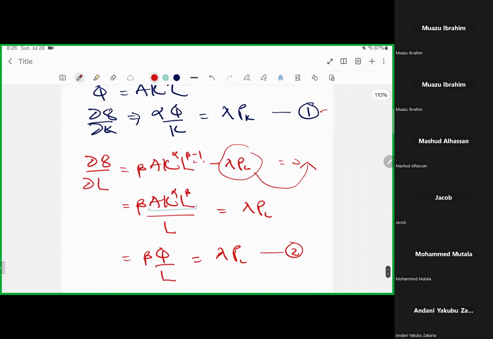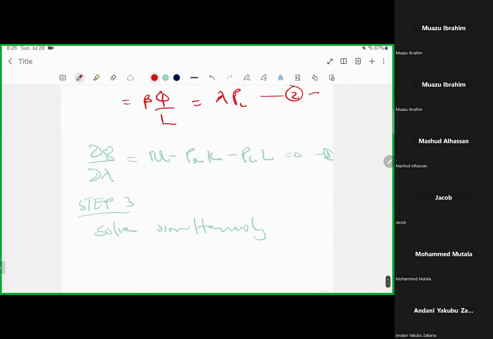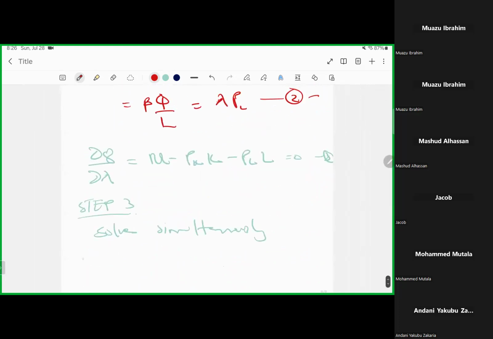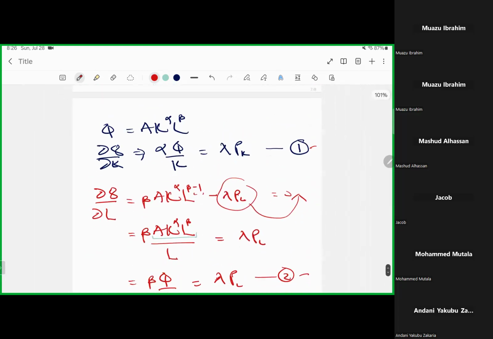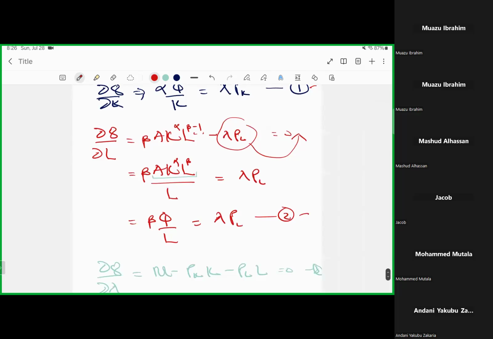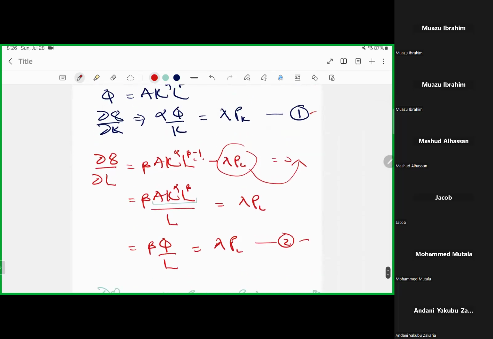So here, what can we do? We can make lambda the subject from equation 1 and equation 2 and equate them. Or we just divide equation 1 by equation 2, and then lambda will cancel out. And that will be the simplest way to do it.